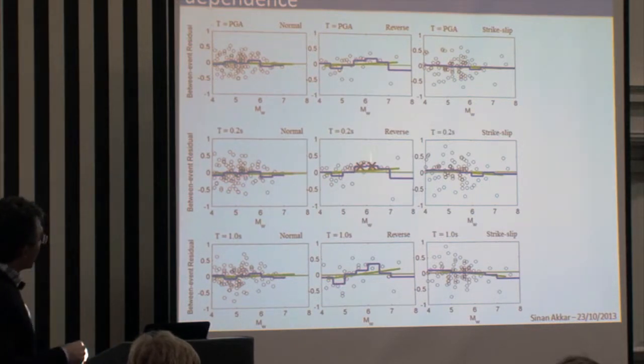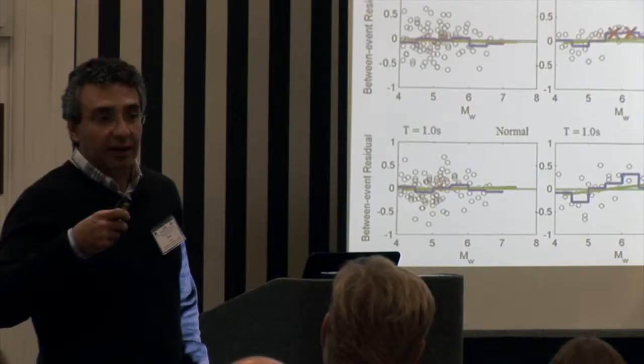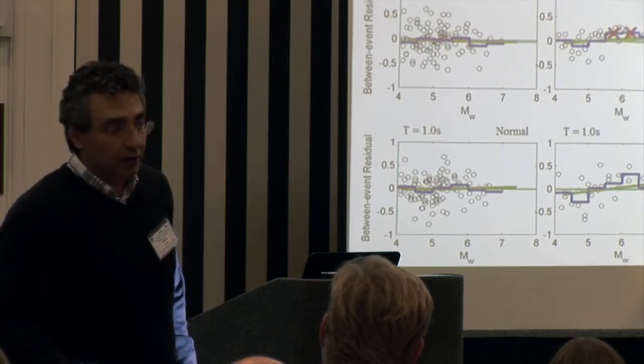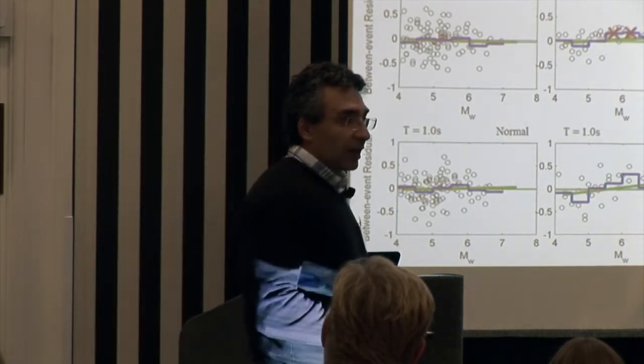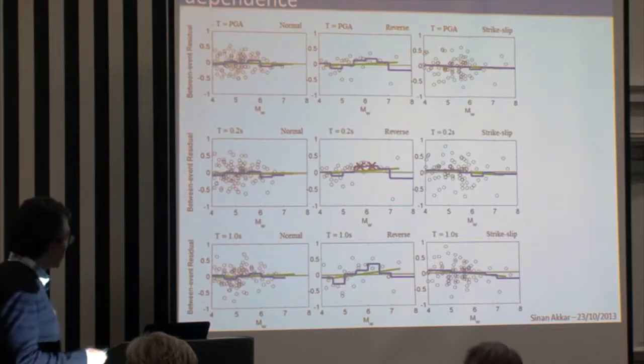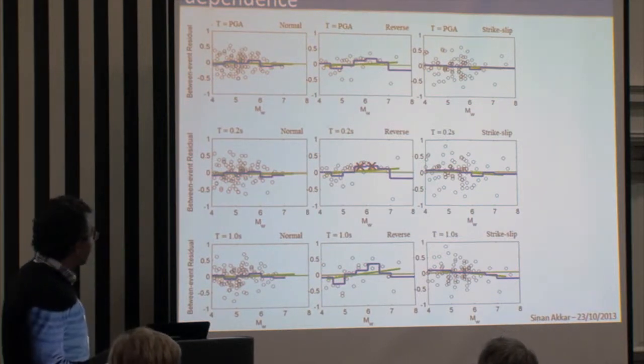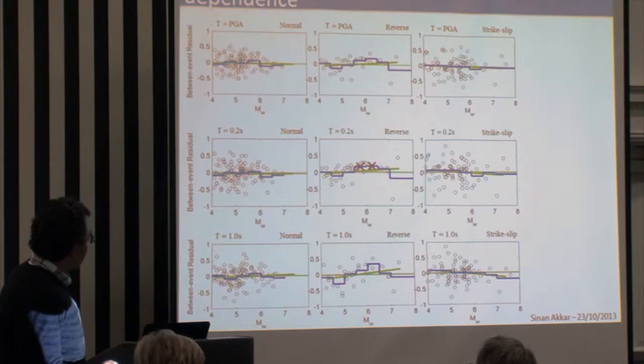But for reverse style of faulting, we do have some sort of trend in terms of magnitude. So to me, our estimations are in good shape for strike slip and normal style of faulting, whereas for reverse events, because the database does not cover sufficient reverse events, our estimations might be biased.